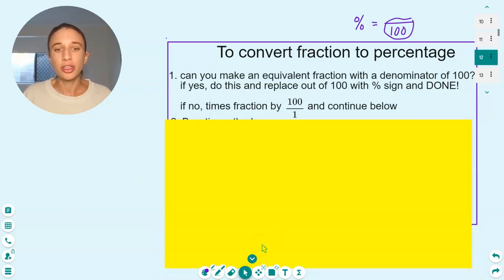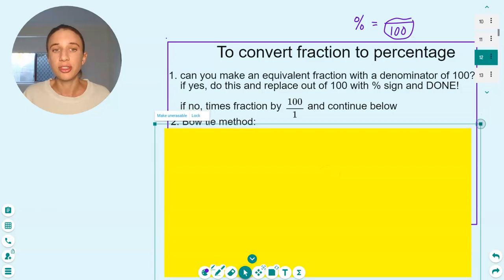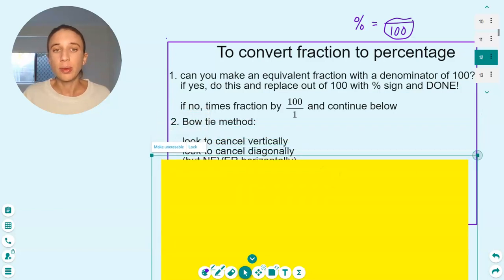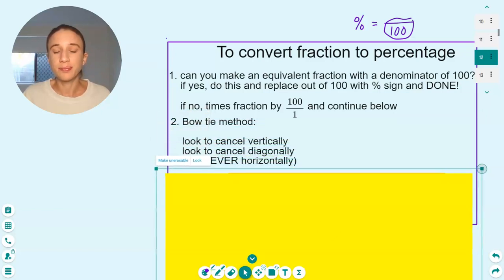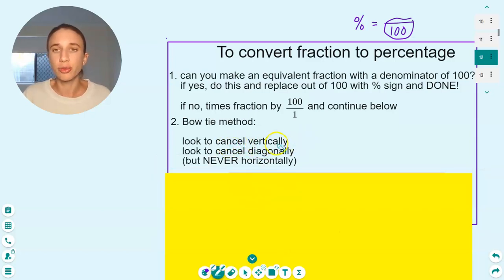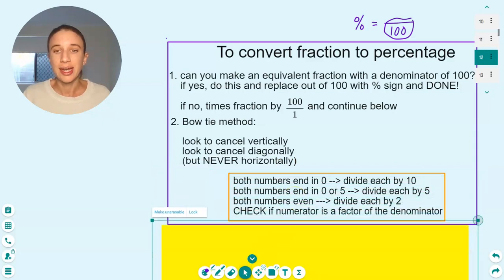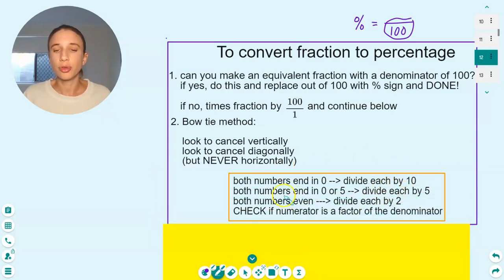If no, you times the fraction by 100 over 1 and continue to step 2, where we will look at the bow tie method. This just is saying that you look to cancel vertically, you look to cancel diagonally, but you cannot cancel horizontally. You will know what this means soon. And these are just some little rules that we can use.